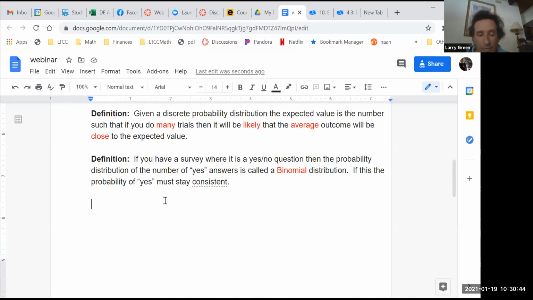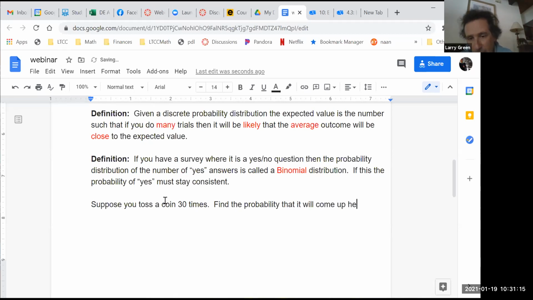Okay, so once you have this, then you can start doing probabilities. So for example, let me just do an easy one. Suppose you toss a coin 30 times. Find the probability that it'll come up heads 15 times.